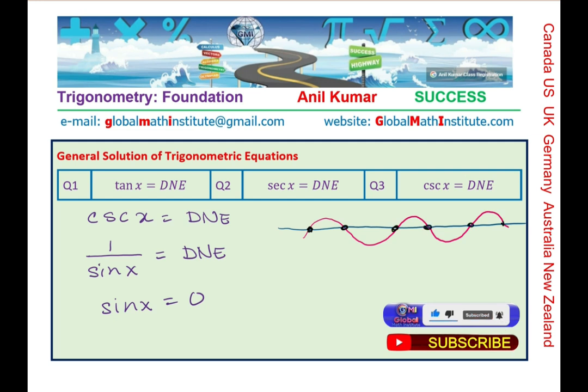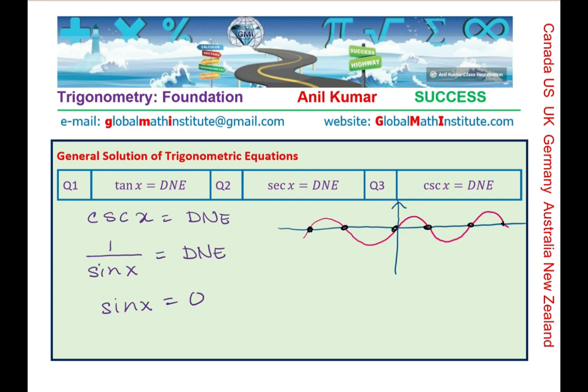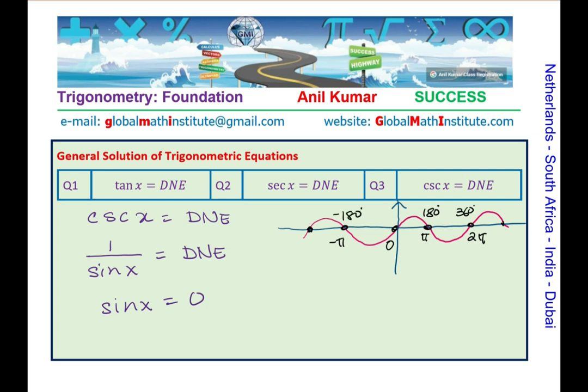So let's say I start from here, and let's say this is 0, this is pi, 2 pi, minus pi, like that. You may write 180 degrees, 360 degrees, and so on, right? Minus 180 degrees. So you can see that it is a multiple of 180 degrees, right?